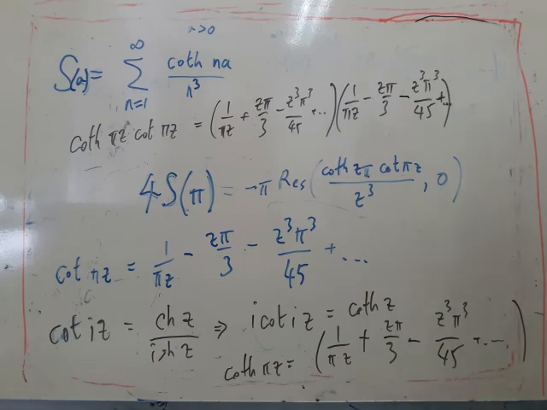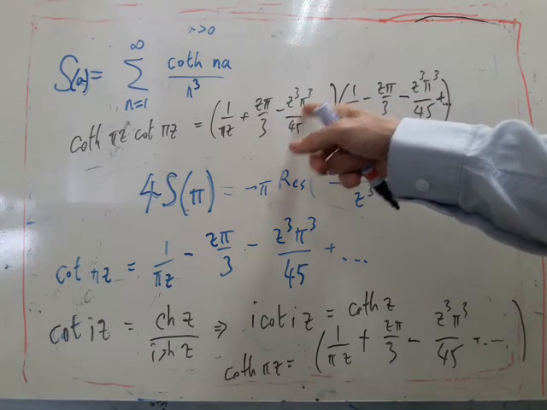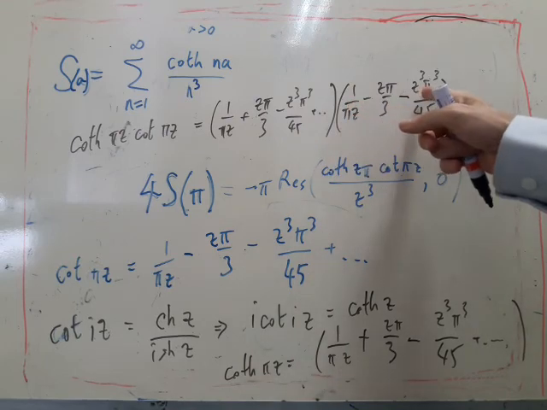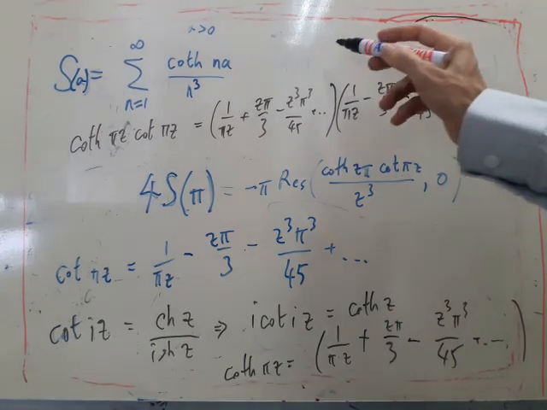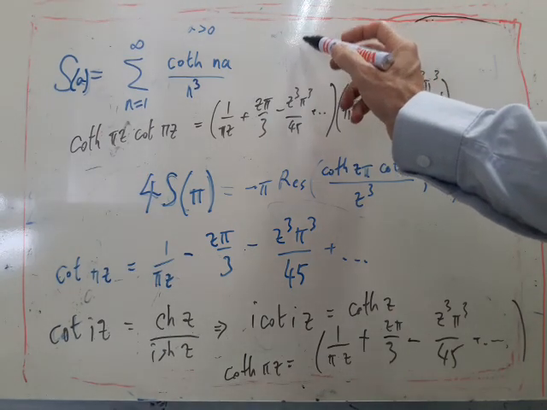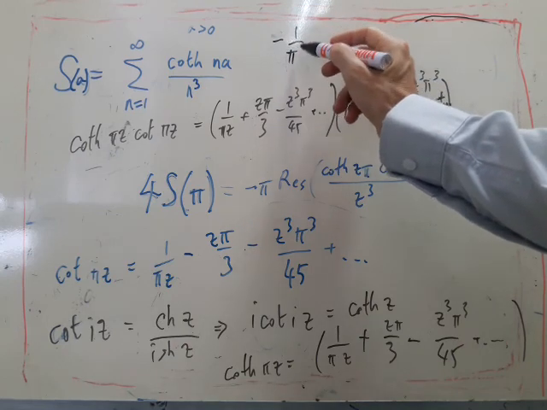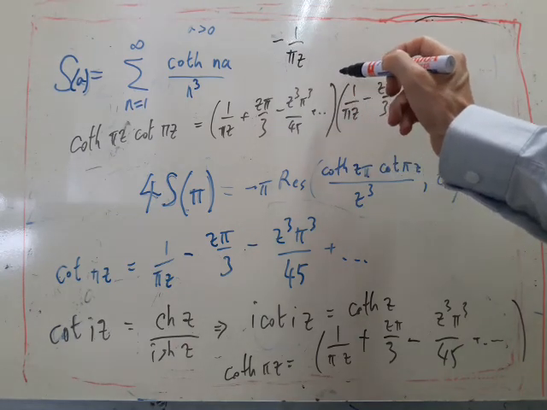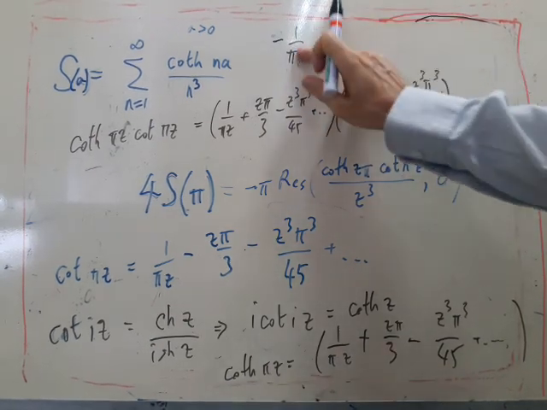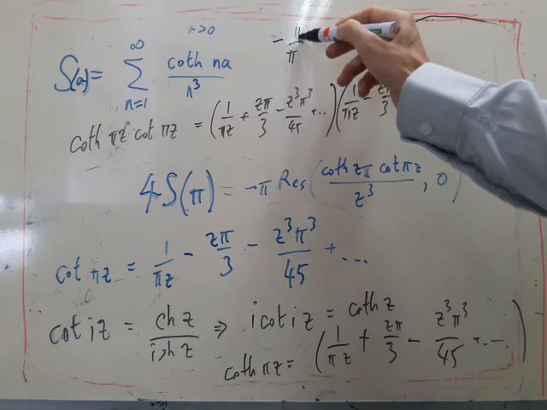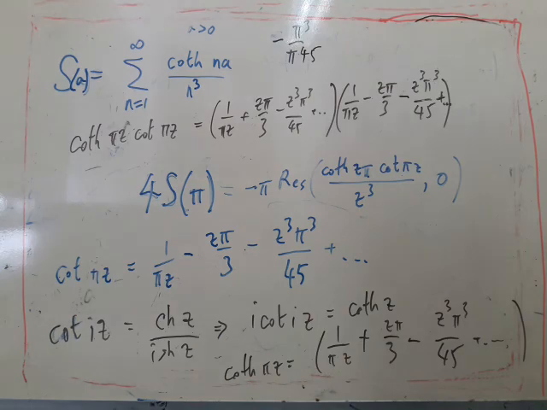Okay, so how do I get a z squared? So from multiplying this term by this and this term by this, which both give coefficient of z squared of minus 1 over pi z times, we don't want the z anymore, so it's pi cubed on the top and 45 on the bottom.